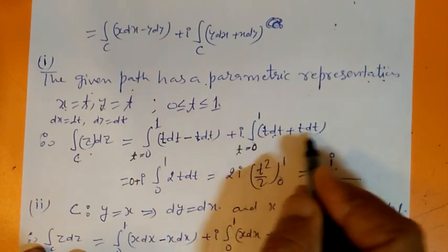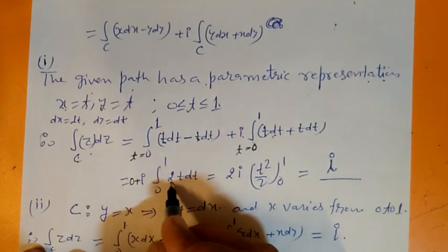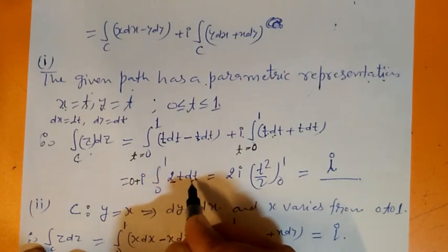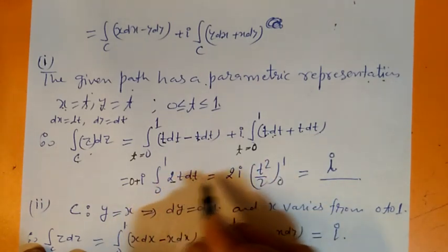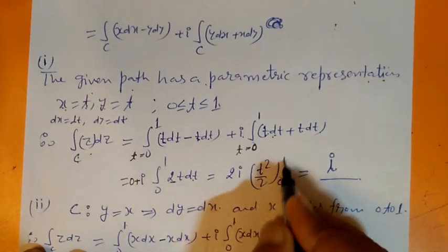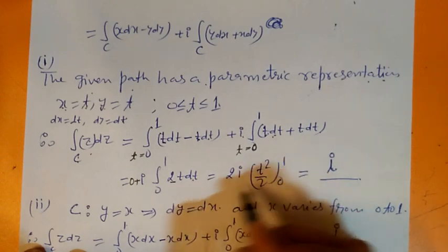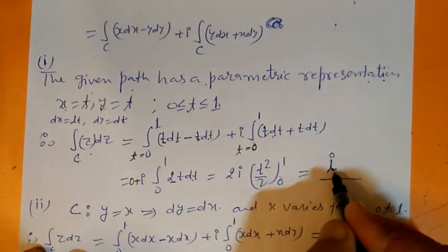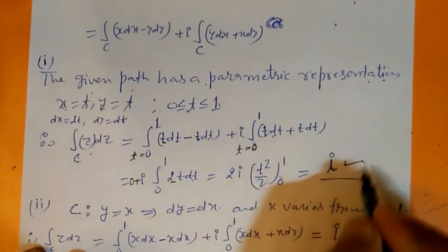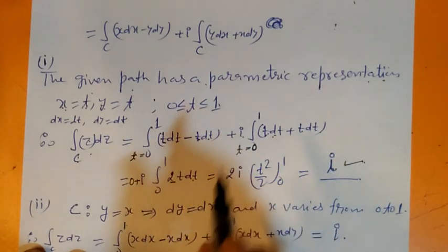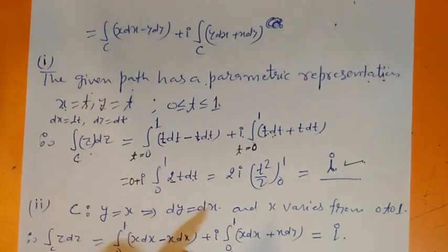Taking dt as common, t plus t is 2t dt. 2 is a constant, and integrating t with respect to t gives t square upon 2, taking limits 0 to 1, and we obtain 2i into 1 upon 2. The 2 cancels out, so this is i. This is the value of the line integral along the curve C.